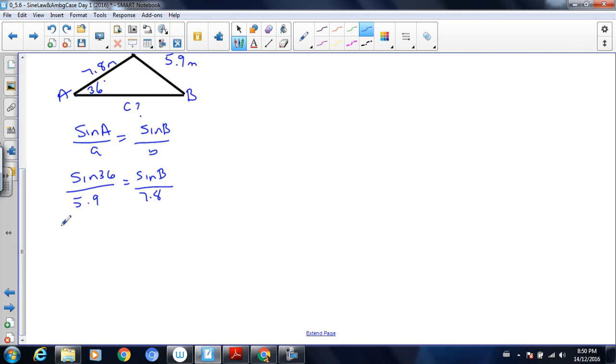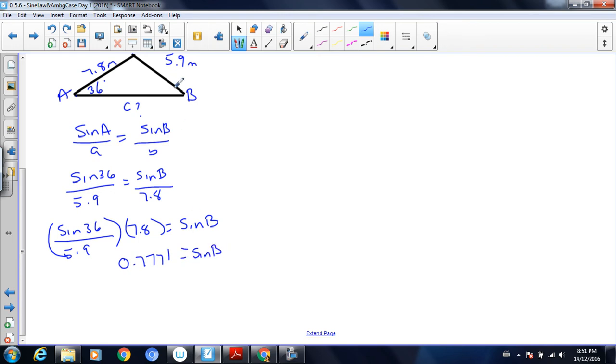Okay, I must isolate for B. So sine of 36 over 5.9 multiplied by 7.8 is equal to sine of angle B. When I do that and I round to 4 decimal places because it's not my final answer, 0.7771 is what I get for sine of B.